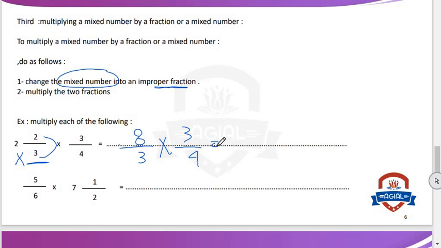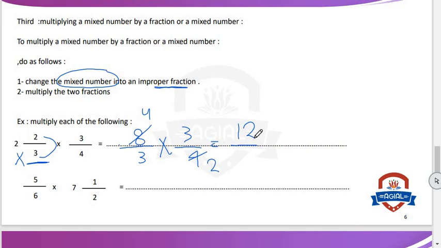Here you have 4 and 8. What is the common factor between them? Super, 2. So 4 divided by 2 equals? 2. And 8 divided by 2 equals? Excellent, 4. So 3 multiply 4 in numerators equals what? Super, 12.